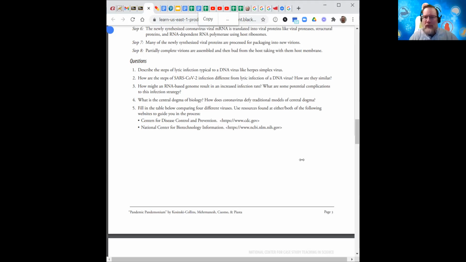Then we end up getting messenger RNA transcribed from the virus and sent out and translated by the ribosomes of the host cell. Then we start assembling the virus inside of the cell, and the host cell eventually bursts and releases the assembled virus. So these DNA viruses have to get through the nuclear envelope, into the nucleus.